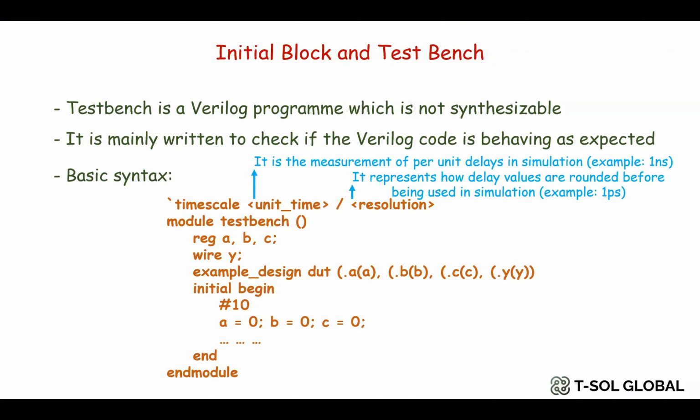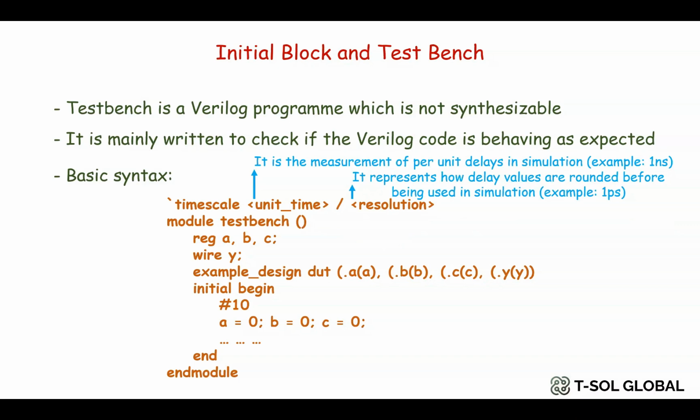And the time resolution represents how delay values are rounded before being used in simulation, for example 1 picosecond. If you do not define the time scale at the start of a test bench, then your default time will be in picosecond for ModelSim simulation.